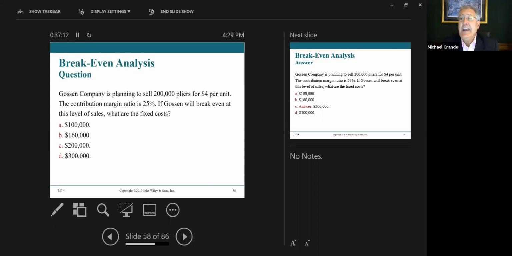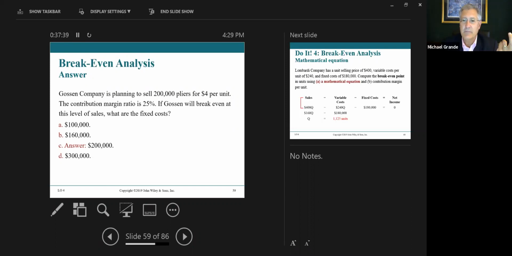So they're going to have $800,000 of sales revenue. If the contribution margin percentage is 25%, that's $800,000 times 25% is $200,000 of contribution margin. And they're saying that's the break-even point. So if the contribution margin is 200,000, fixed costs also have to be 200,000 to get net income of 0. And there's your answer.